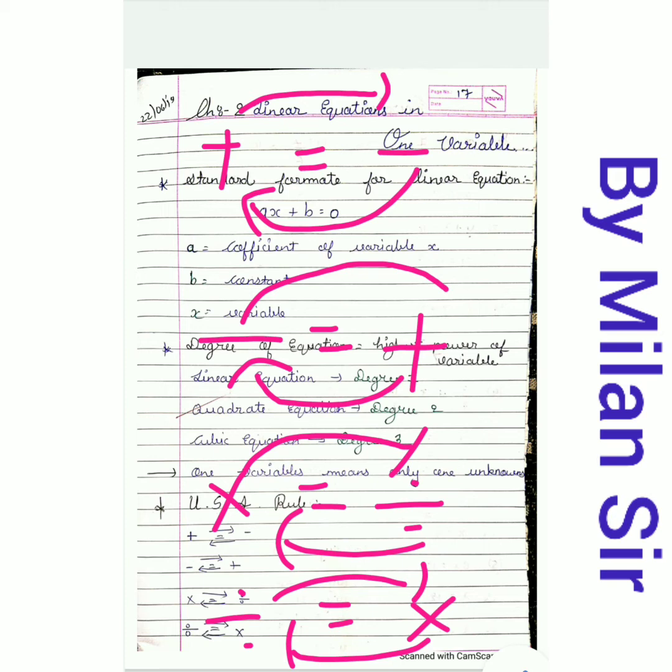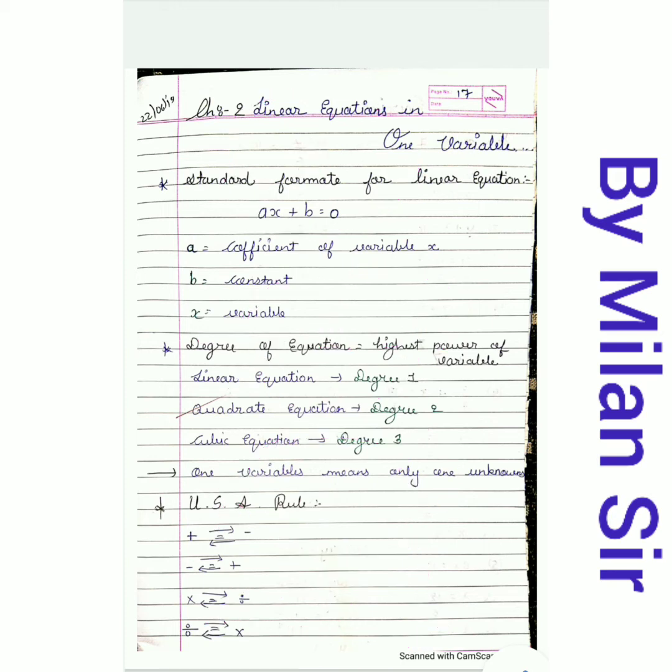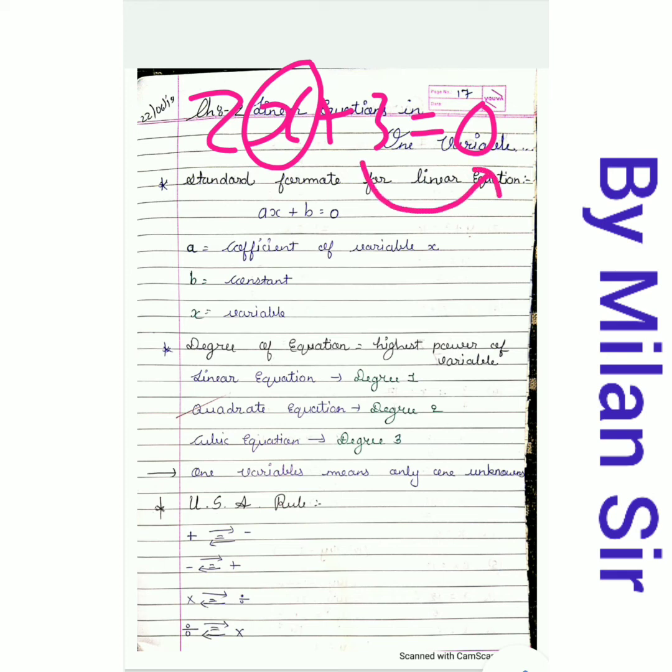Now let's take some examples. If 2x plus 3 is equal to 0 and I want to find this x, then definitely I need to transfer the other terms to the other side. So first of all, I need to transfer this plus 3 to the right hand side, and it becomes minus 3.